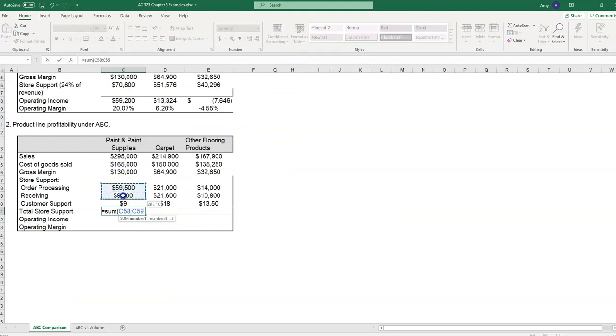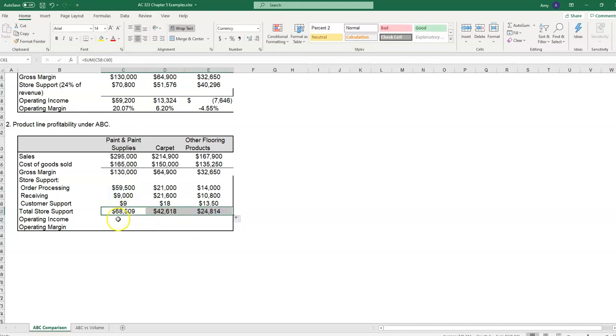So we add those up and we get our total customer support. We take our gross margin minus our store support allocation to get our operating income. And then we take operating income divided by sales revenues to get our operating margin.